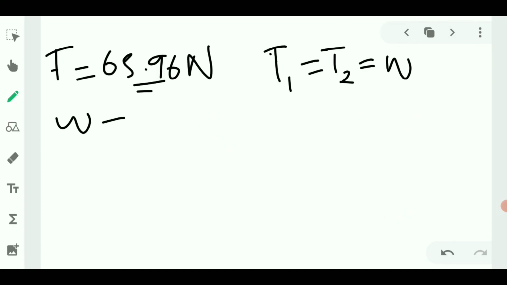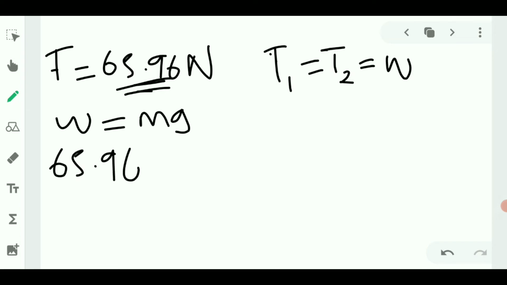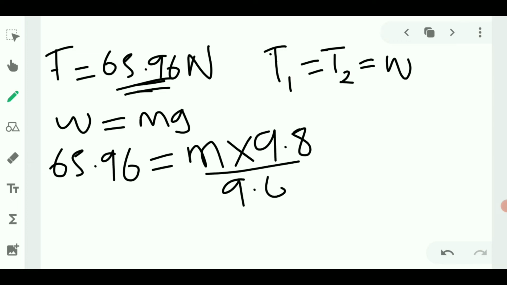Remember that weight is given by mg, and in this case we already have found the weight, which is 65.96. So we replace W with the value of weight, which is 65.9, and on this side we're finding the value of m. We know the gravitational acceleration is 9.8. So for us to find the value of m, we divide both sides of the equation by 9.8.